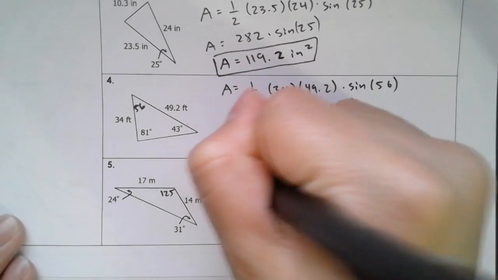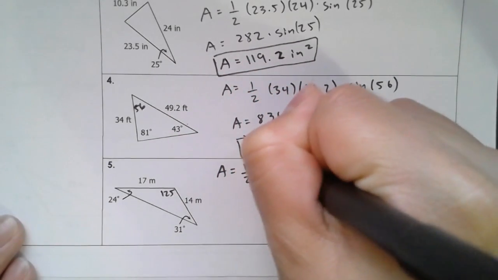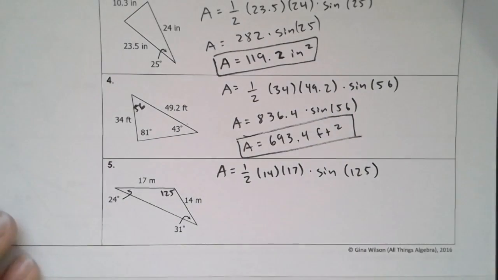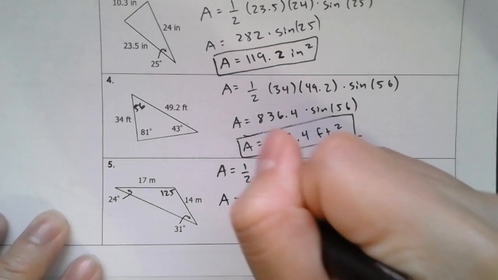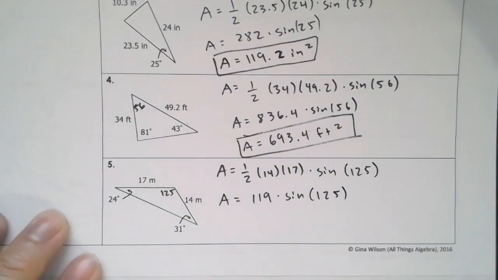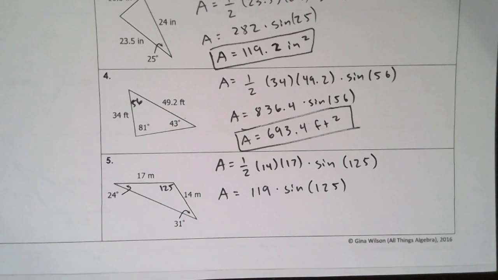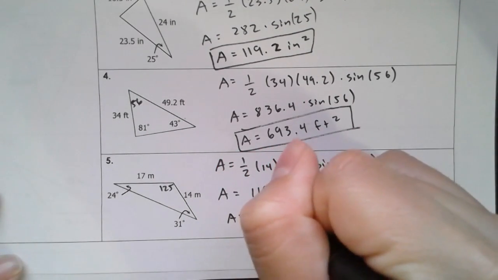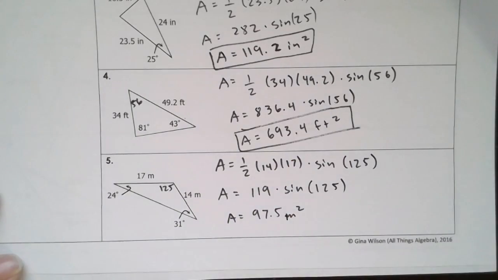So area is equal to 1/2 times 14 times 17 times the sine of 125. 17 times 14, divide by 2, you get the area is equal to 119 times the sine of 125, and then in your calculators you're going to get area is equal to 97.5 meters. This is meters squared.